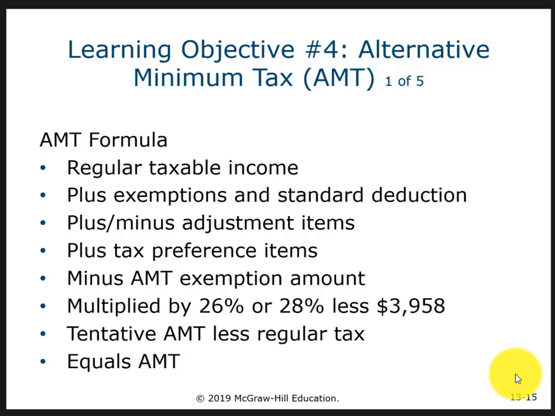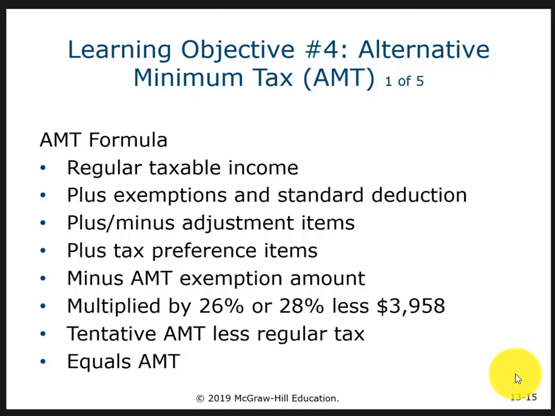All right, so you do that, you subtract a flat AMT exemption amount. So instead of all these different deductions and things, you get this one exemption amount. Then you get your AMTI, or your alternative minimum taxable income. You multiply that by 26% or 28%, less the 39.58, on the income if your income is over the threshold.